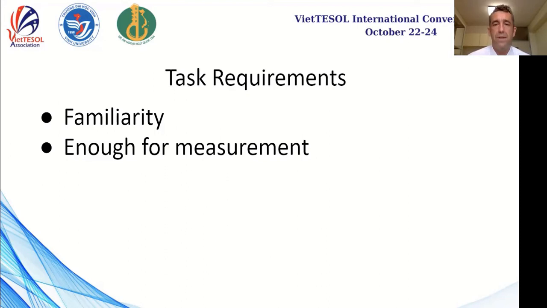And so that perhaps introduces non-construct interference. So we wanted the test takers to be familiar with the content. There also needed to be enough output for measuring their language ability. And so what this means is we've used open tasks for all of our tasks and prompts.